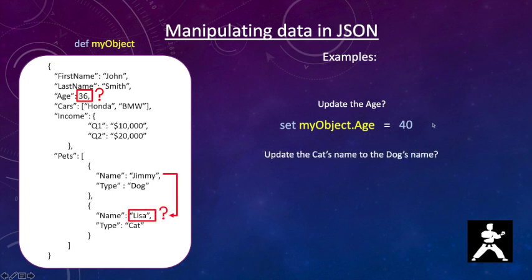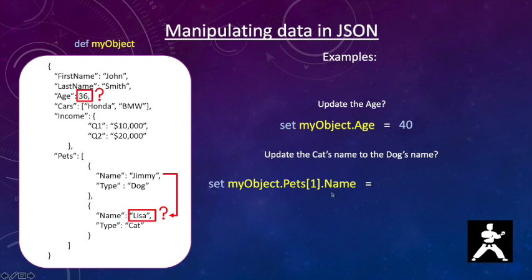And how to update the cat's name to the dog's name. So we want to replace Lisa with Jimmy. So we will have cat Jimmy and dog Jimmy. So how to do that? We want to set myObject.pets[1].name. Index 1 is the second object, which means that we call object pets and Lisa.